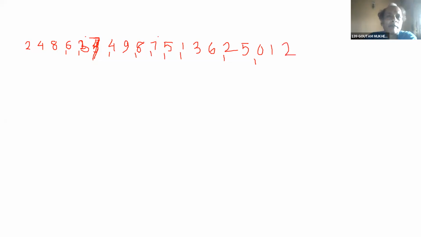I came back to 2. So it will again continue like this. So I write all these things in reverse order. In this case, I have to write in reverse order. I started with 2, I ended up in 1.